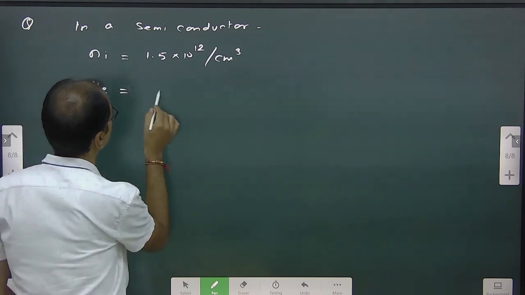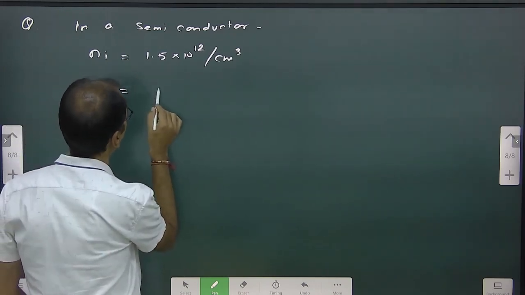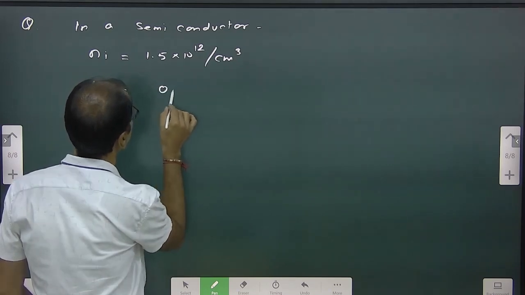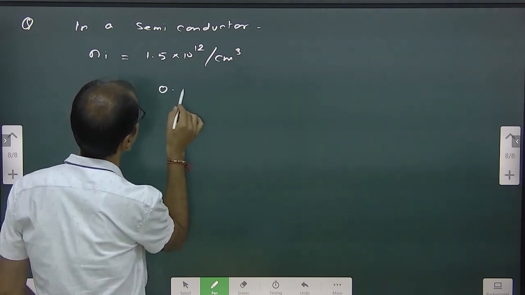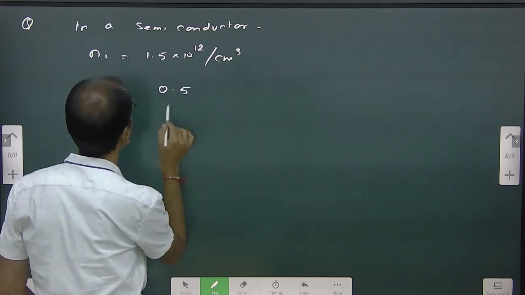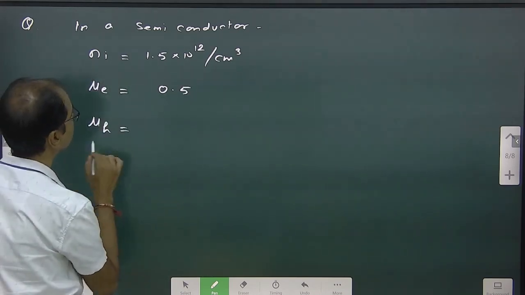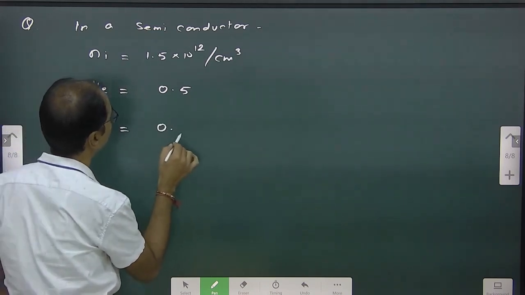Mobility of electron, let's say, is 0.5 unit, and mobility of holes we will say is 0.1.